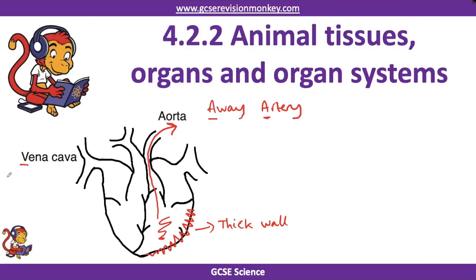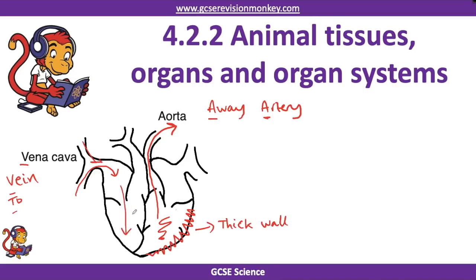So the vena cava is the main vein that brings blood back to the heart. So arteries bring blood away from the heart, veins bring blood back to the heart. So blood will come in to the vena cava like so, and into the right ventricle.